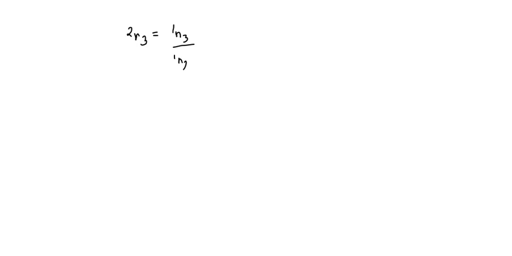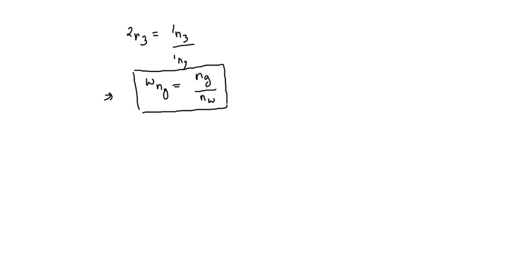If I simplify it and write, 2 is water, so water n glass is equal to absolute refractive index of glass by absolute refractive index of water. So this is the relative refractive index, which we have already seen earlier, and now we have established the relation using principle of reversibility of light.